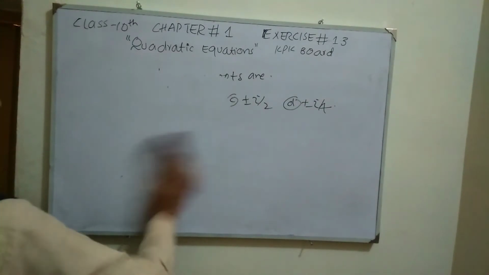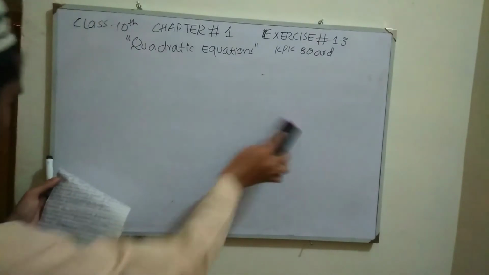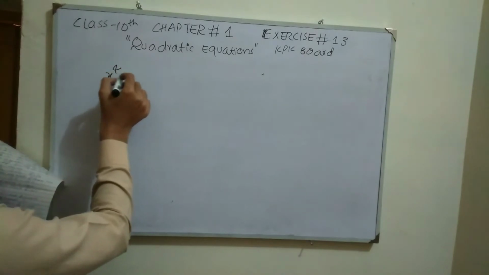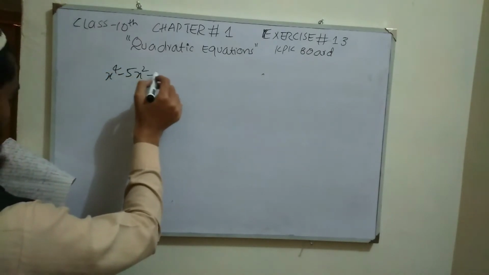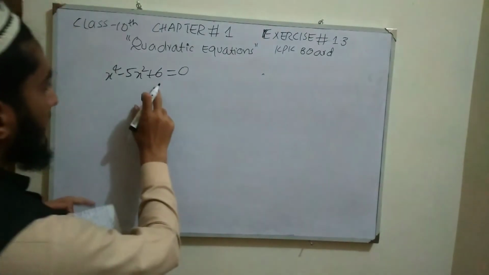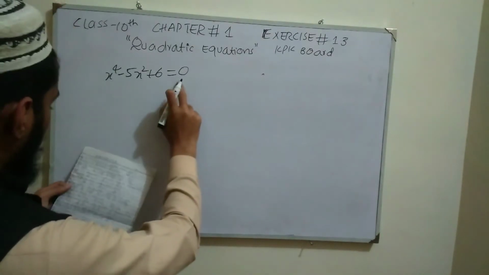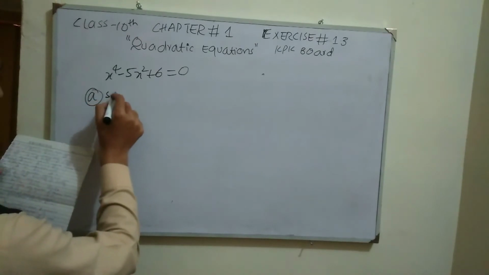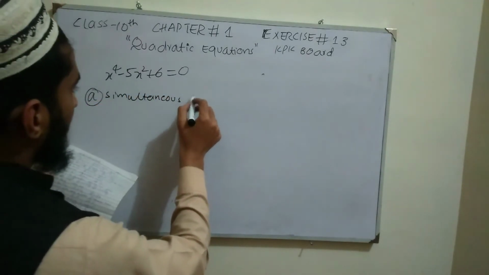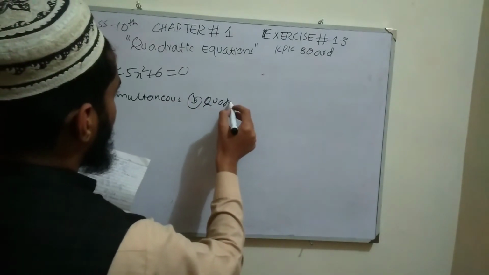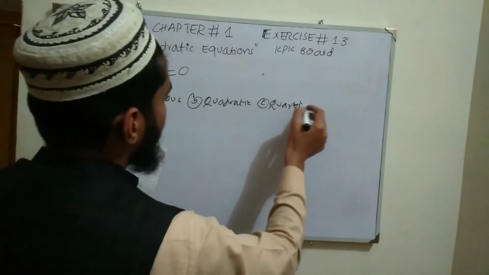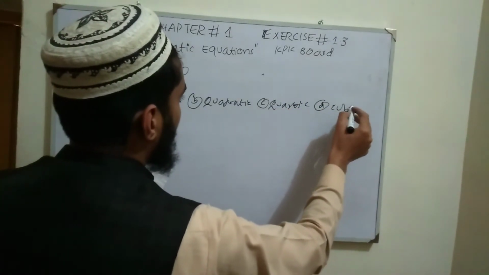Move to question number 7. The equation is given: x power 4 minus 5x square plus 6 is equal to 0. In the question they ask whether this equation is simultaneous, quadratic, or cubic.